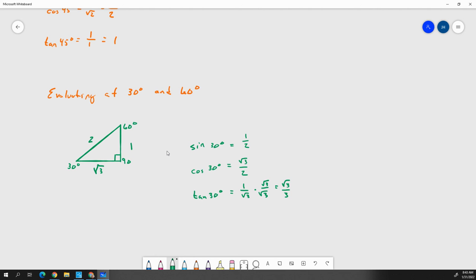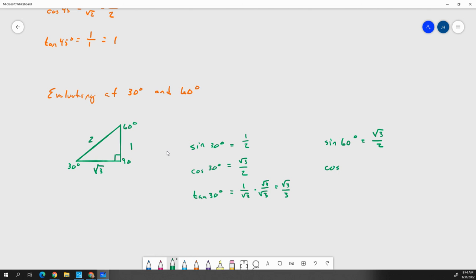Now let's look at it for 60 degrees. The reason I want you to see them together is that sine of 60 degrees is going to equal cosine of 30 degrees, right? Because now I'm going from the 60-degree angle, and the opposite over hypotenuse is that radical 3 over the hypotenuse, which is 2.